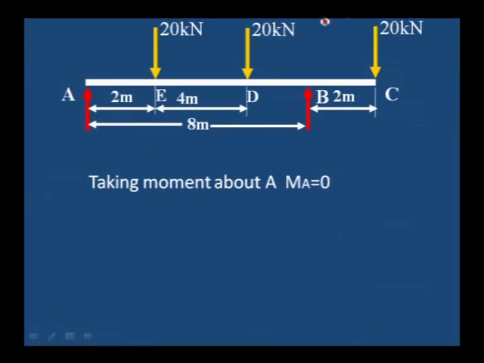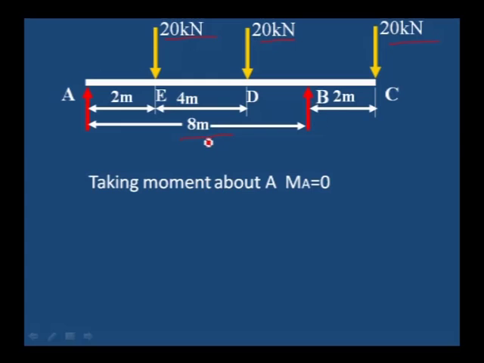I have considered one simple beam where 3 point loads are acting. One is at the free end, 20 kilonewton, one more is at a distance of 6 meter from A, and the third point load is 2 meter from A, the left support. The two supports are 8 meter apart.